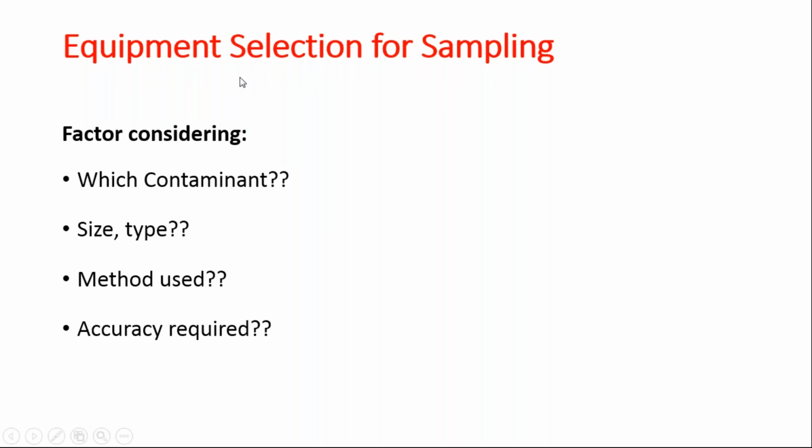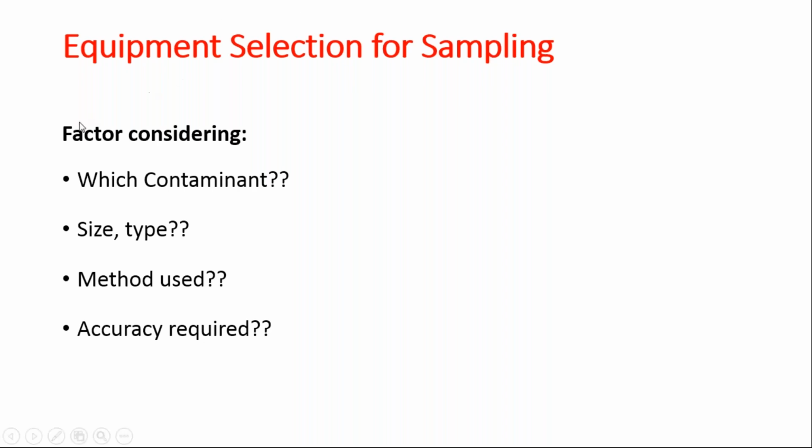And the next topic is equipment selection for sampling. There are a number of equipment available to collect the sample. It is very important that we select the right equipment to collect the sample.